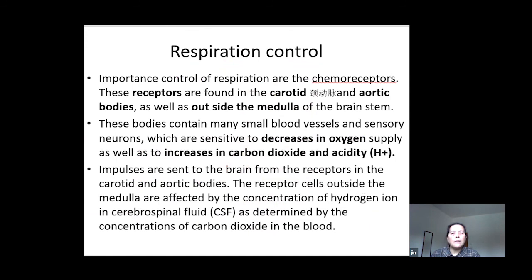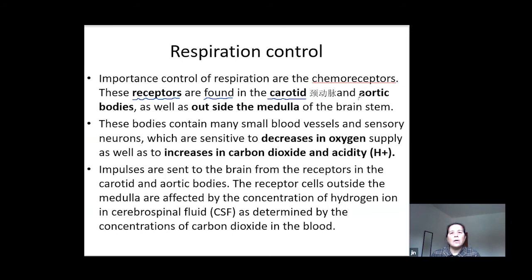And we're talking about the receptors. We say receptors, mainly we find them inside blood vessels, the artery. In the neck part, we have an artery there.